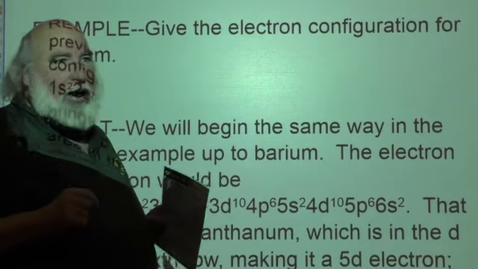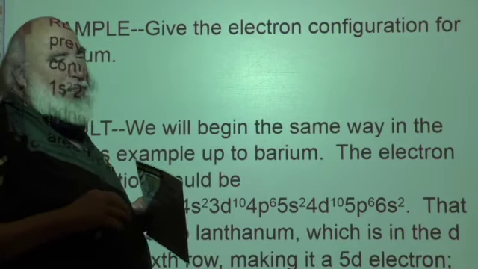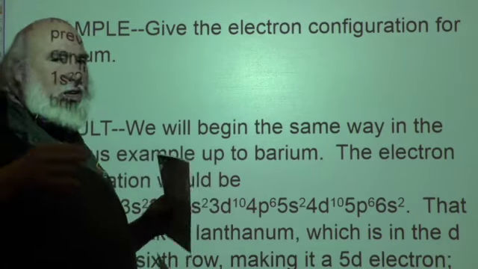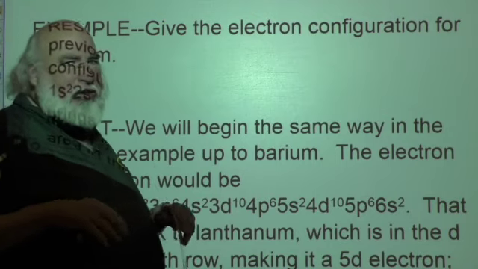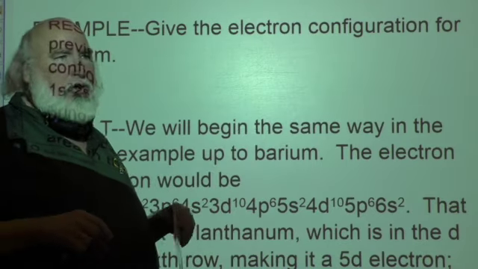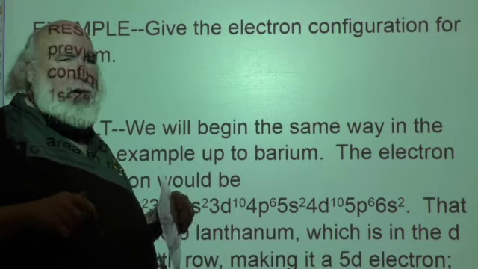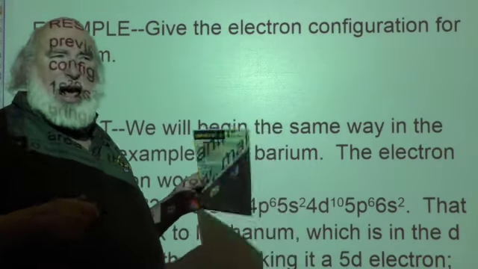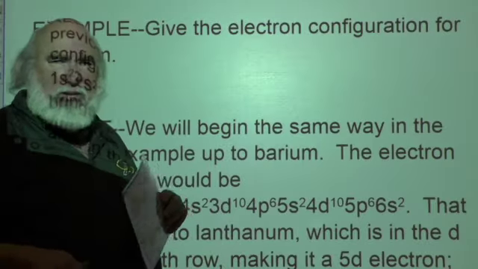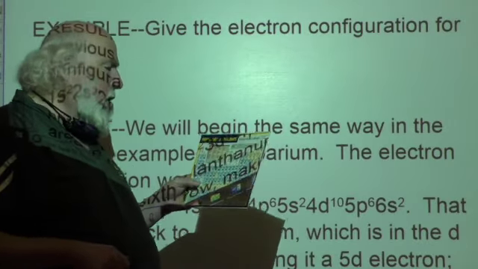The reason for that is that the d's and the f's change around like crazy, for reasons we're not really going to get into, but it's a matter of stability for the atoms to fill up half shells, half the orbitals.